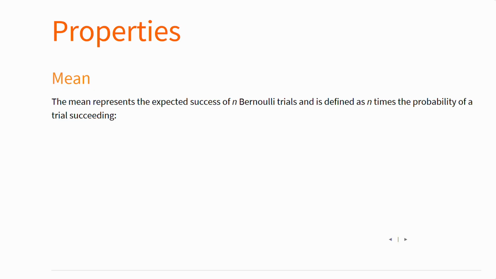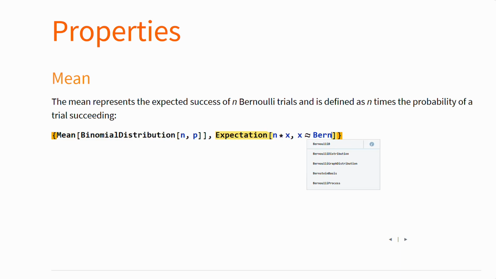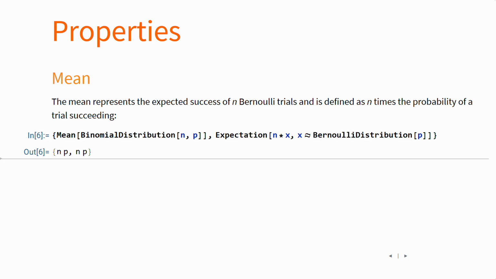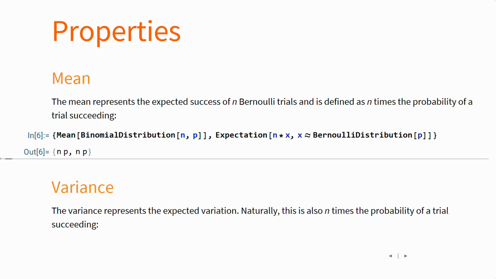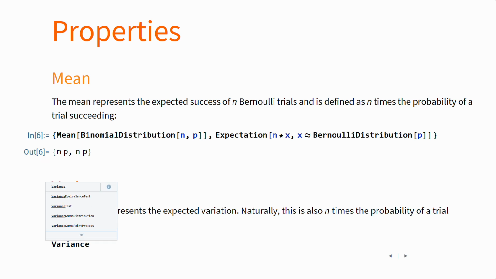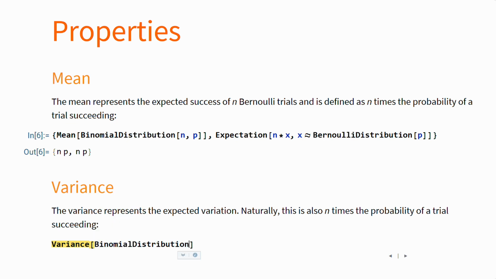The binomial distribution is just n Bernoulli trials added together. So since the mean of the Bernoulli distribution was p, the mean of the binomial distribution is n times p. And same for the variance. Since the variance of Bernoulli was p times (1 minus p), then the binomial is n times p times (1 minus p).